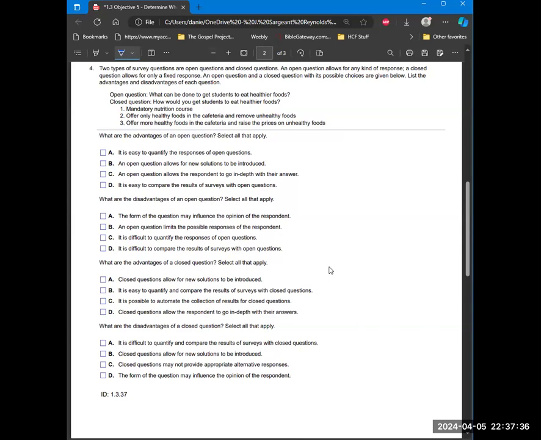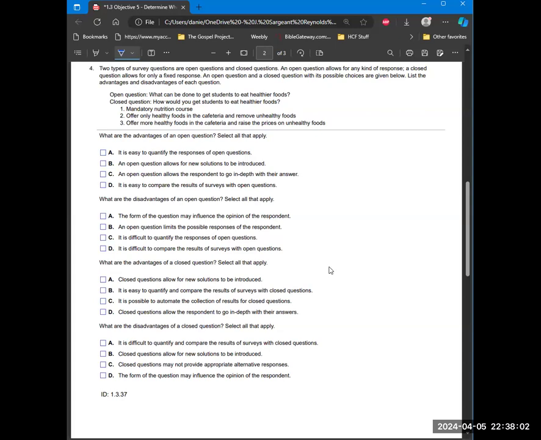An open question and closed question with its possible choices are given below. List the advantages and disadvantages of each question. So an open question would be something like, what can be done to get students to eat healthier foods? And it's a free response question where everyone can give their answers.